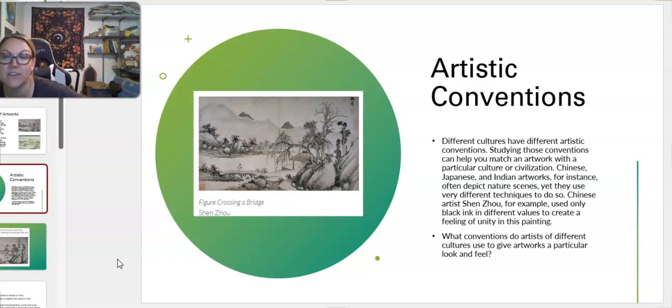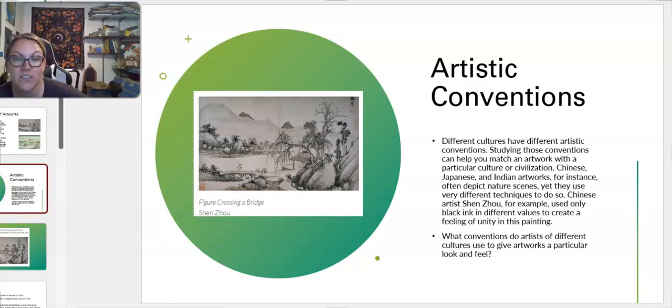Artistic conventions. Different cultures have different artistic conventions. Studying these conventions can help you match an artwork with a particular culture or civilization. Chinese, Japanese, and Indian artworks, for instance, often depict nature scenes, yet they use very different techniques to do so.